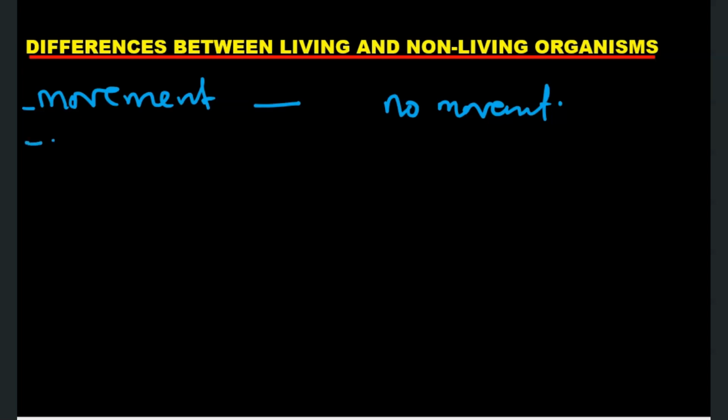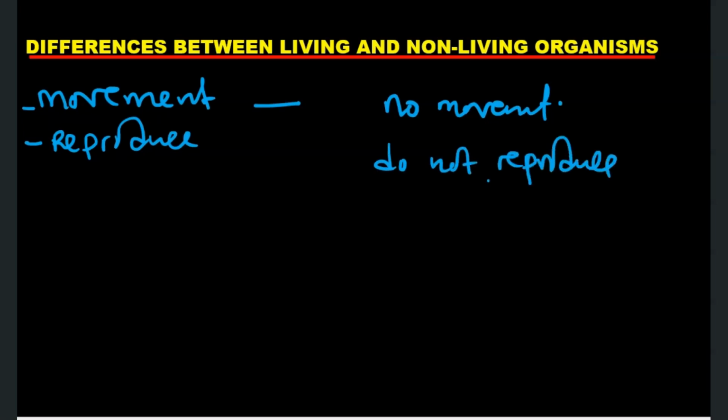Then also, reproduction. Living organisms reproduce. Non-living organisms do not reproduce. The other one we can look at is excretion. Living organisms are able to excrete. Non-living organisms do not excrete.